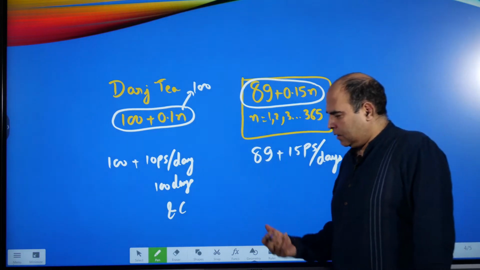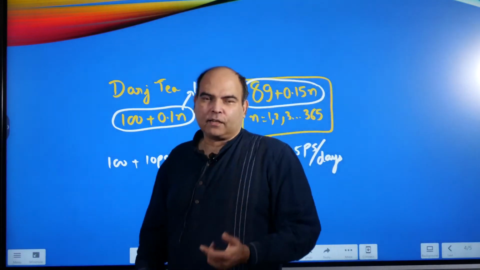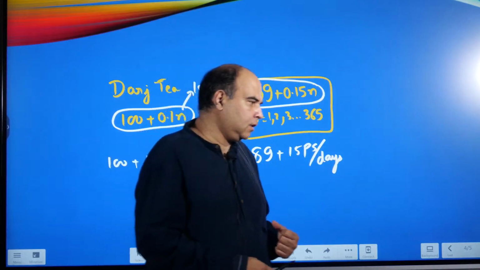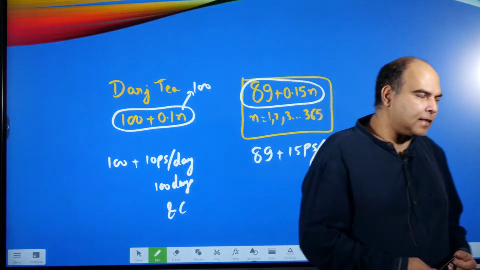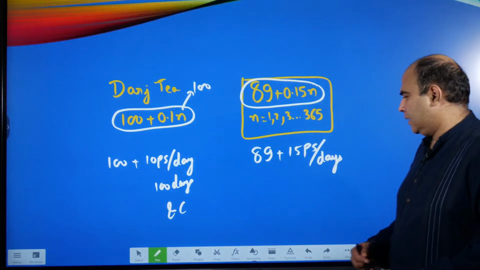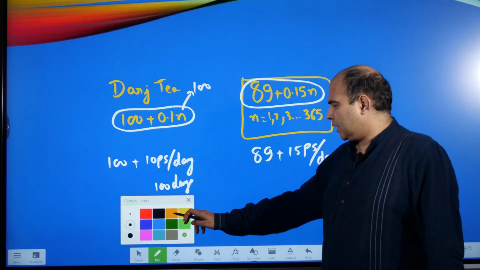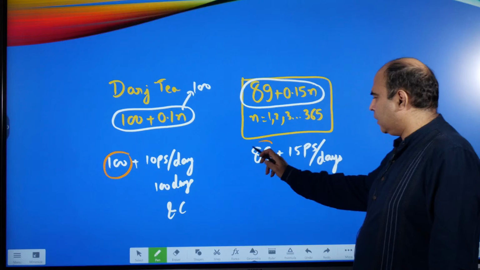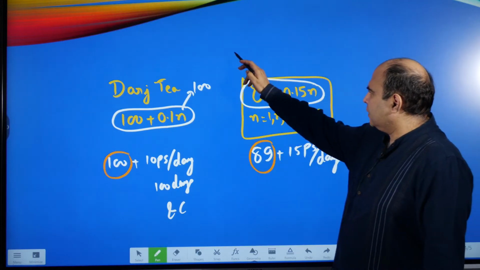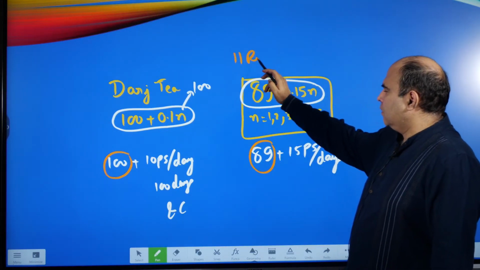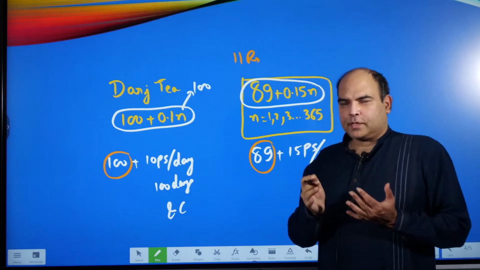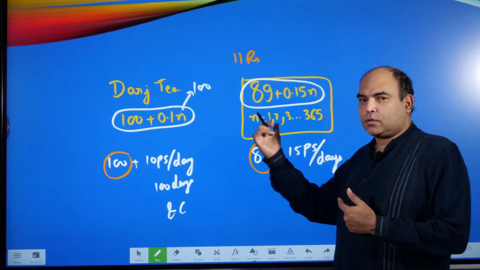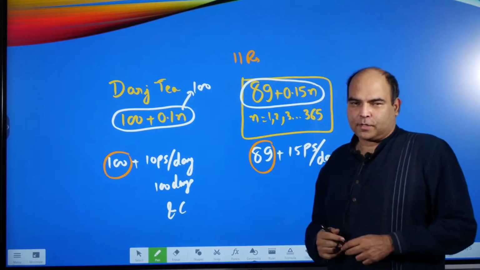So the thinking that will get you this solution in 10 seconds flat is this: the gap between the two prices at the start of the year is 11 rupees. Just think like this. 11 rupees is the gap, so OTT has to catch up with Darjeeling tea by 11 rupees.